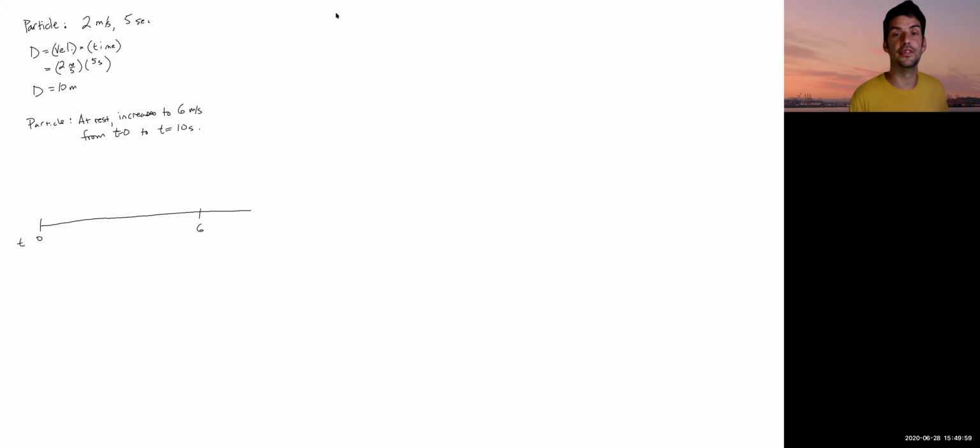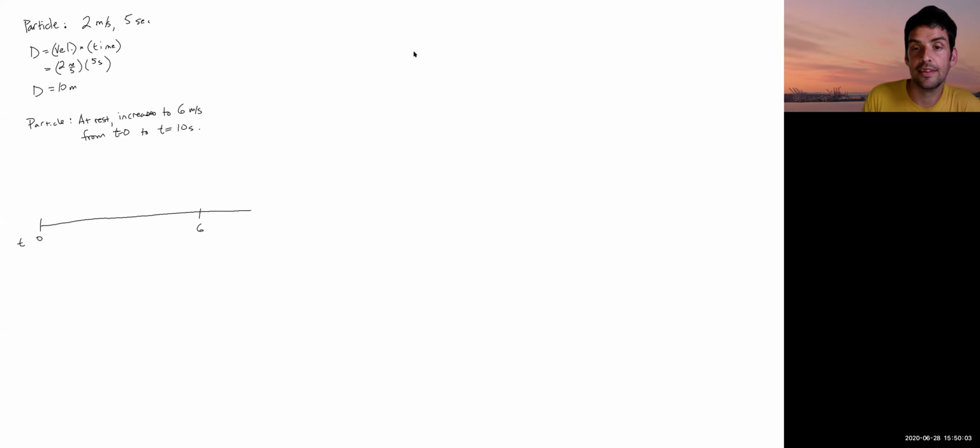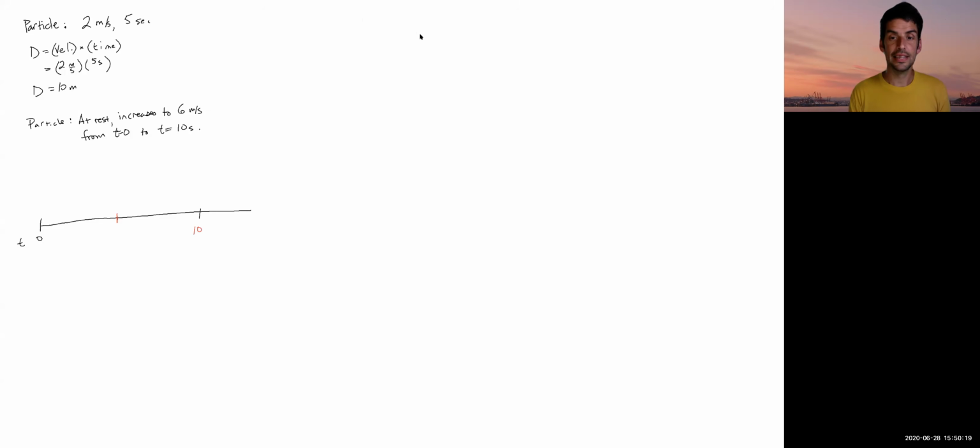Sorry, I confused my time and my speed. So this is 10 seconds. Okay, so we start at 0, we go through 10 seconds. Let's suppose at t equals 5, so 0 seconds, 5 seconds, 10 seconds.